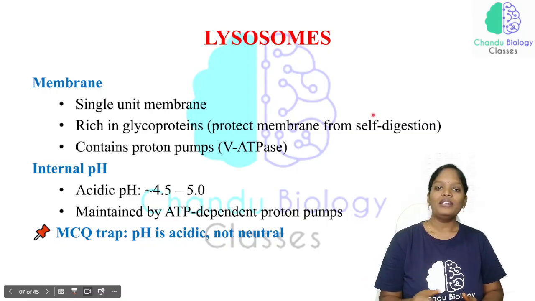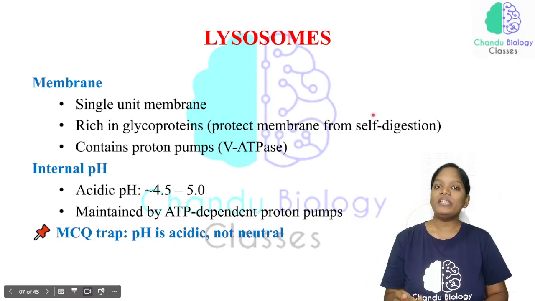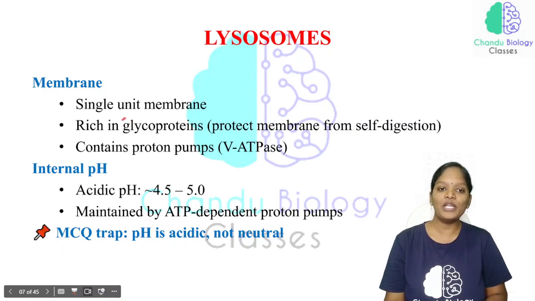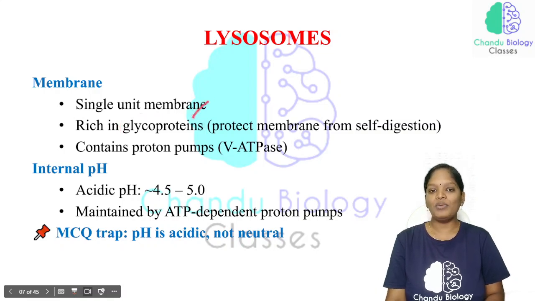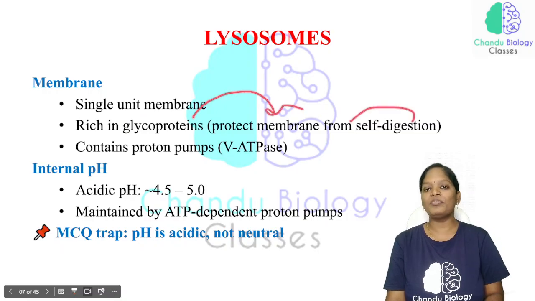But why is the lysosome itself not affected by the enzymes present within it? All because of these glycoproteins, which are rich in the lysosome. This glycoprotein is the one protecting the membrane from self digestion. So this is very important.